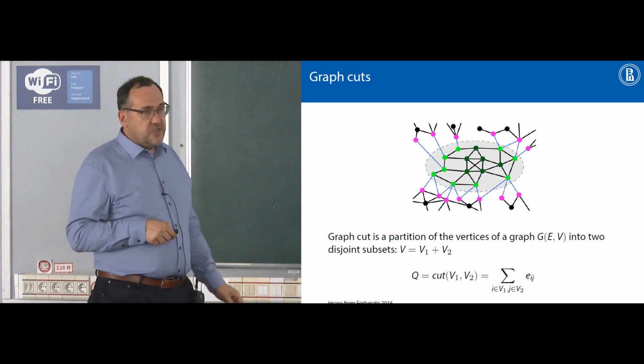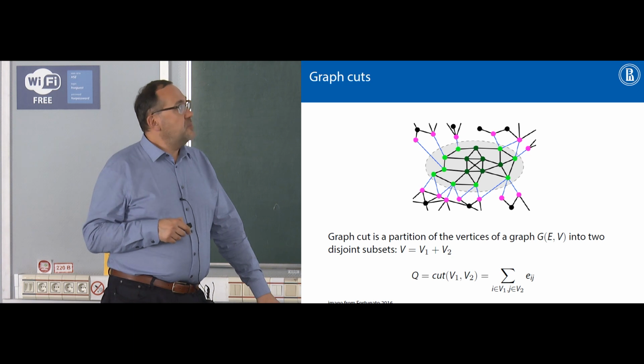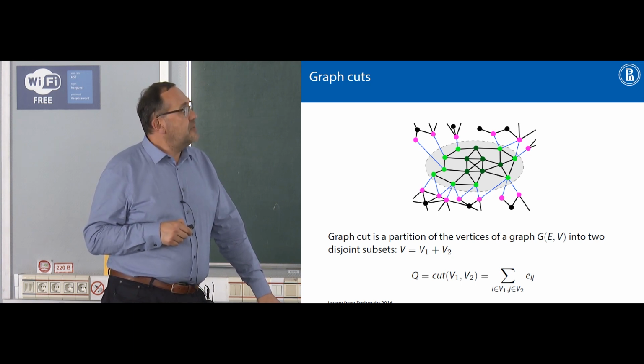And graph cut is literally the number of edges you need to cut to separate the community, to separate the subgraph. So in this case, let's say this is one community, which I know is a community, then this would be my cut, so I'll have to cut all these edges. I'm not saying this is a small number, but I need to cut all these edges, and I'll just count.